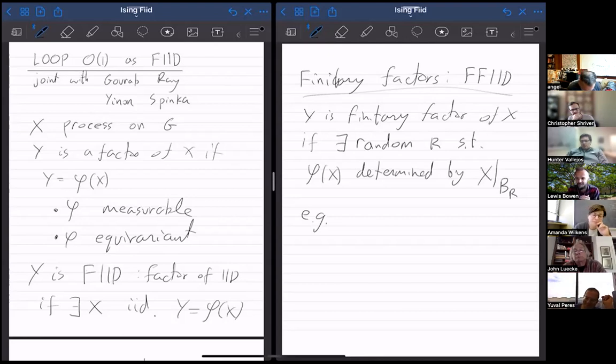Okay, so suppose X is just a Bernoulli percolation. It could be bond or site, it doesn't really matter. So say the edges are open or closed. And now we can consider the process Y, which assigns a random bit to each cluster, let's say plus or minus 1 on each cluster.